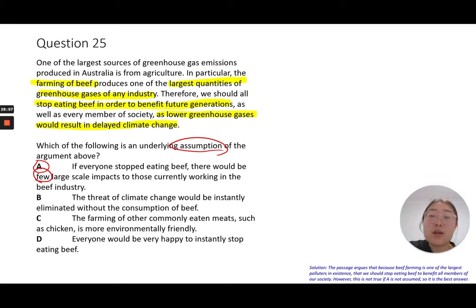If there were a lot of large-scale impacts, it would not benefit future generations or every member of society, because some of these people in society are working in the beef industry. So the assumption is that just by banning or stopping beef eating, everyone will suddenly be fine. So A is the best description of that.